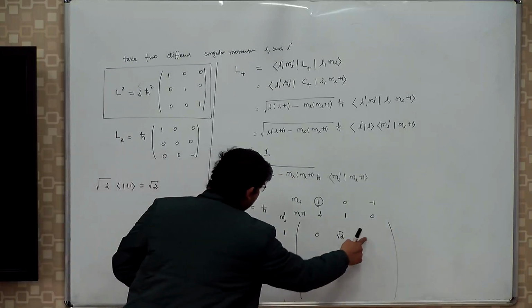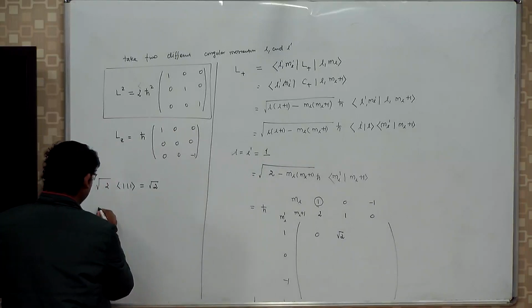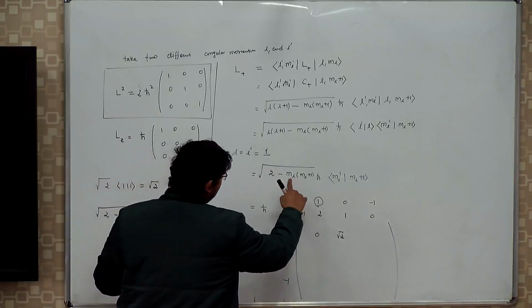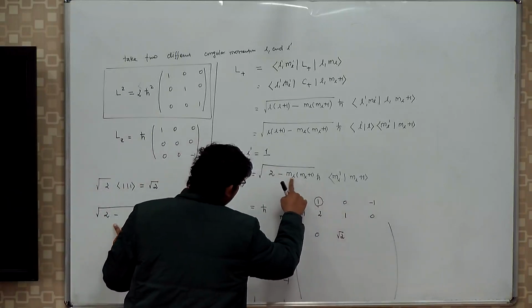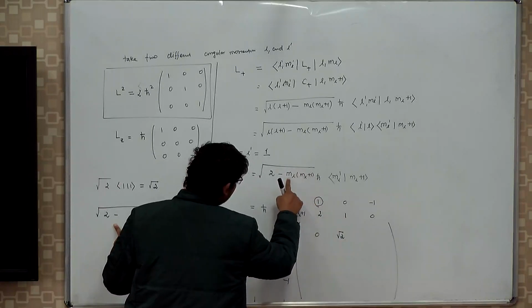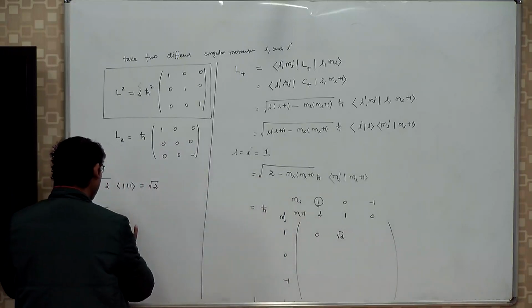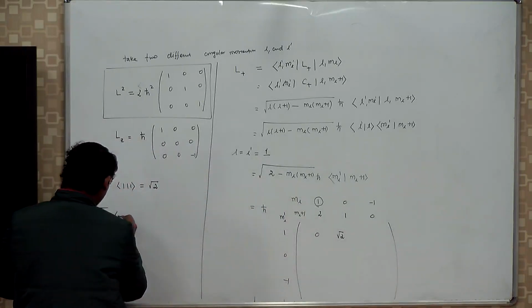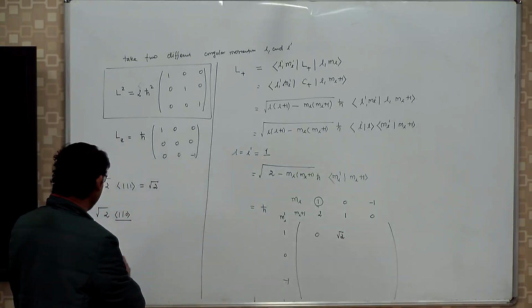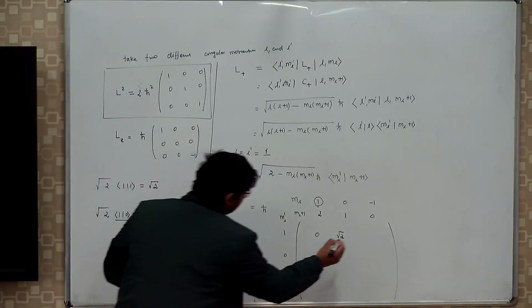Coming to the third entry here, square root of 2 minus mL is nothing but minus 1, and minus 1 plus 1 will become 0, then 0 with anything is 0, then we will get square root of 2 only, and inner product between 1 and 0, so according to the Kronecker delta function, again inner product between two different states will be 0, then this entry will be 0.